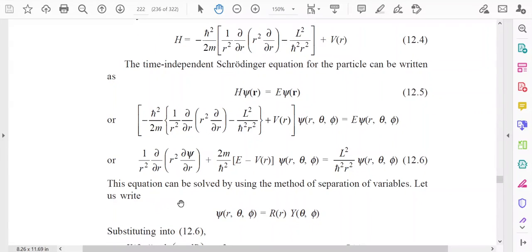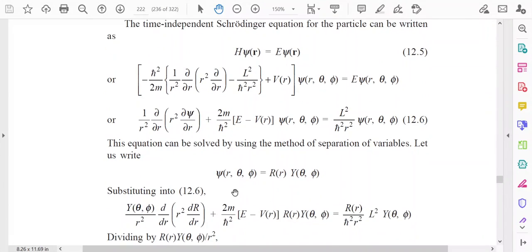Now this equation can be solved by using the method of separation of variables. To use separation of variables, we have to write psi as a product of two functions. One function depends on the coordinate small r only, and the other depends on theta and phi. That is, we write psi equals R(r) times Y(theta, phi). It should be noted that we have already learned about the capital Y function in the earlier chapter on orbital angular momentum.